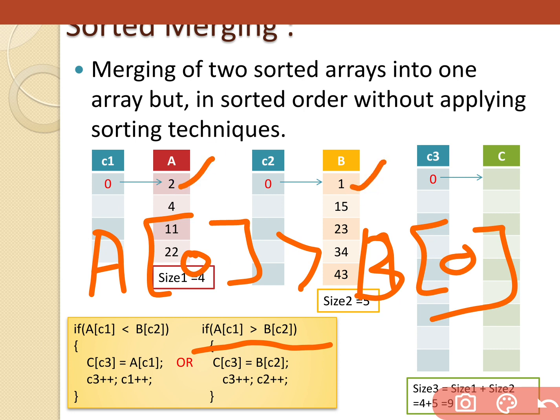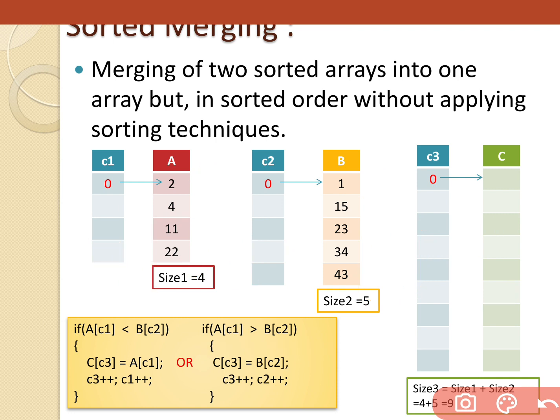Then what do we have to do? We have to fill 1 in this place because 1 is smaller than 2. Means B[C2] we have to fill in C[C3]. And when we are writing 1 here, then we have to increase the counter, and then the counter starts pointing to the next location.